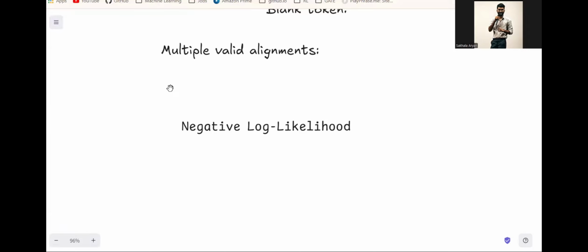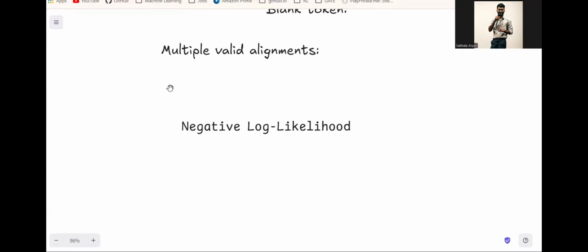Negative log likelihood is a whole other concept, and there's a concept called log likelihood. But to tell you in short, CTC uses negative log likelihood, and negative log likelihood measures how far the model's predictions are from the correct target sequence.